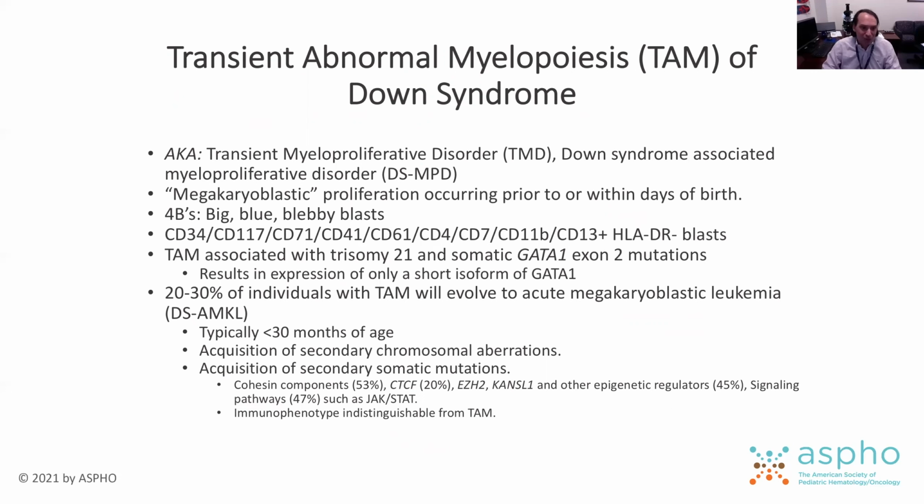These are disorders of megakaryoblast proliferation, often with sort of erythroid qualities to it, occurring prior to or within days of birth. I like to refer to the blasts as big, blue, and blebby, or the 4 Bs. They have this canonical recurrent immunophenotype that I recite here, which is one of those HLA-DR negative cases of acute leukemia.